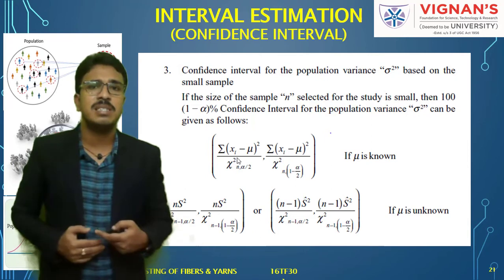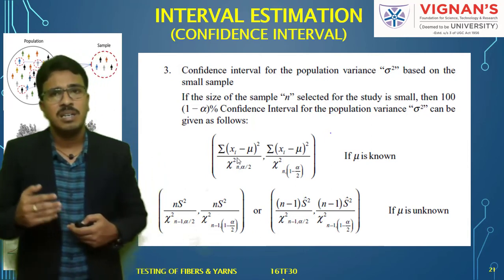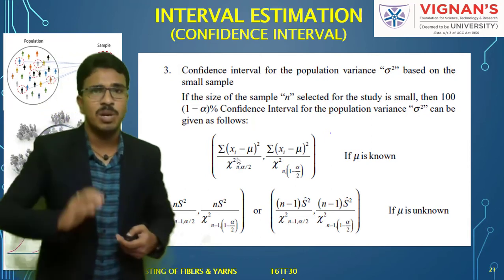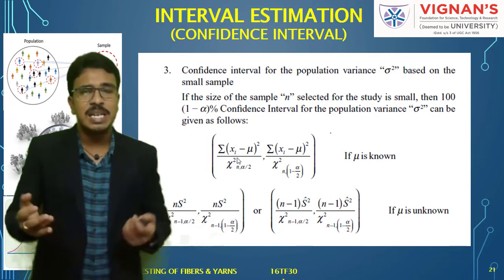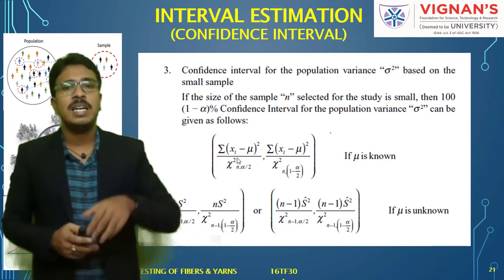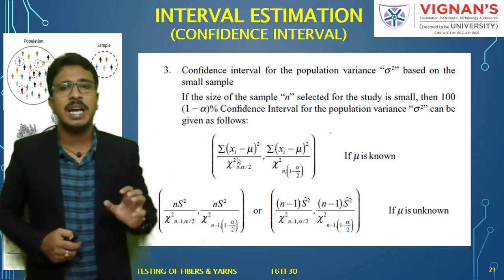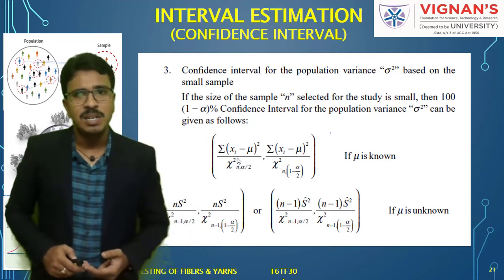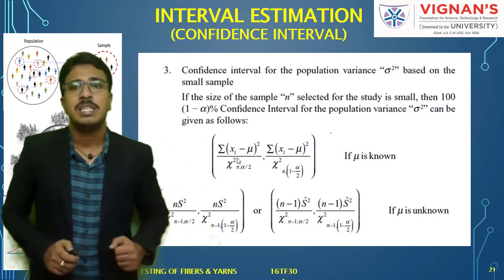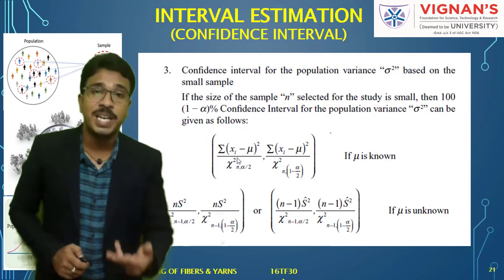If the sample size is small, that is less than 30, then at 95% or 99% confidence level, you can find the sigma square value, that is the population variance, by using these formulas.